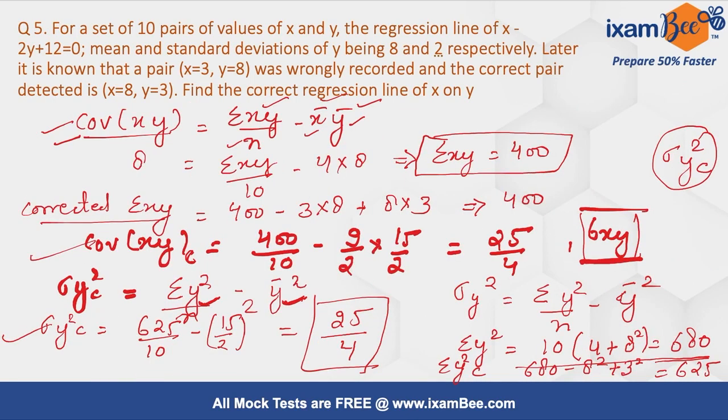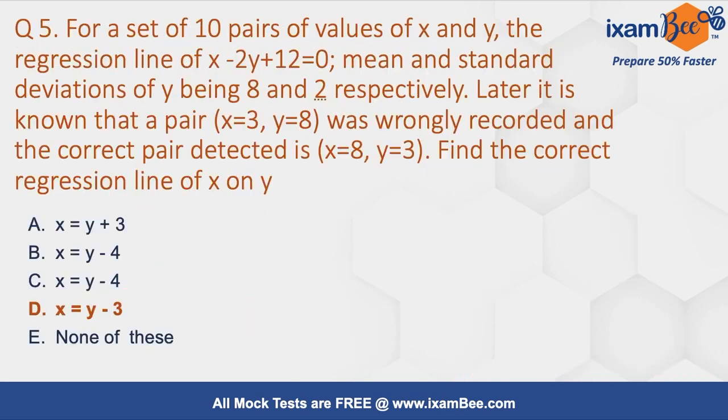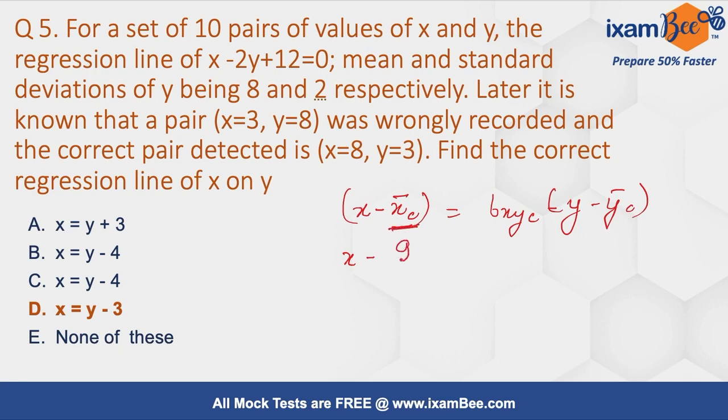We can find out our equation. So what should be our equation? It will be x minus x bar corrected, equals corrected regression coefficient times y minus y bar corrected. So we have the value for corrected mean for x, that is 9 by 2, and we have the value for y minus 15 by 2.